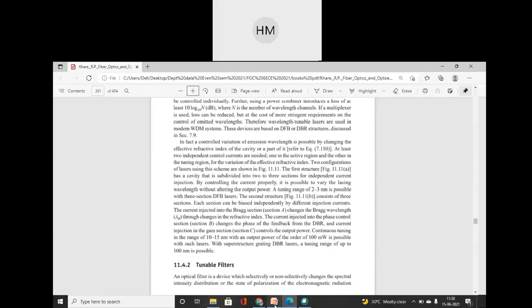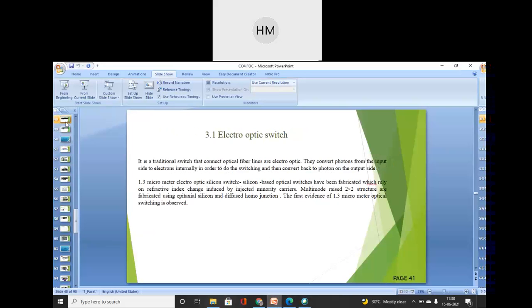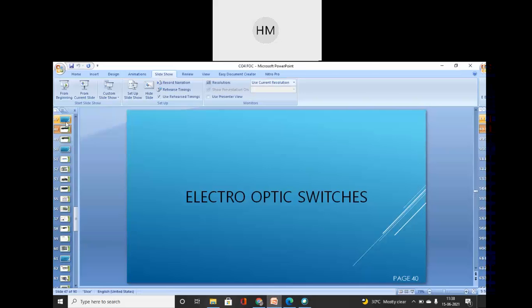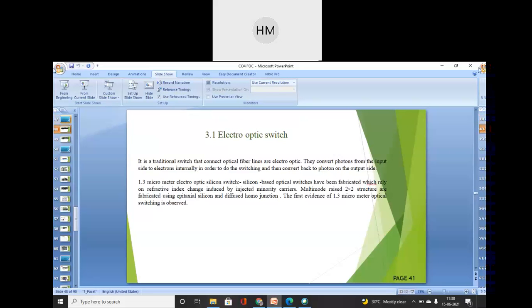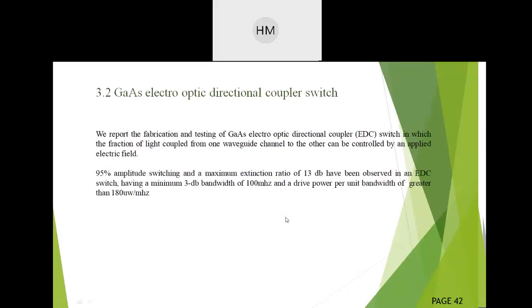So now we will continue with the topic, that is electro-optic switch. So we all know it is a traditional switch that connects optical fiber lines, which are known as electro-optic. They convert photons from the input side to electrons internally in order to do the switching, and then convert back to photons on the output side. We have seen optical conversion and all, okay?